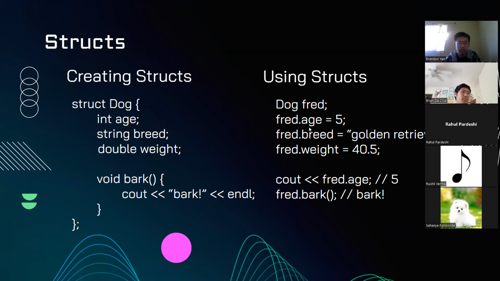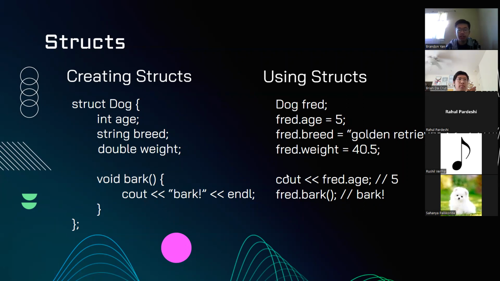So we did mention that structs are by default public. We're going to put our variables about the dog into a struct, and we're also going to put a function here, count, bark, and line. So we can also call functions from classes inside the main.